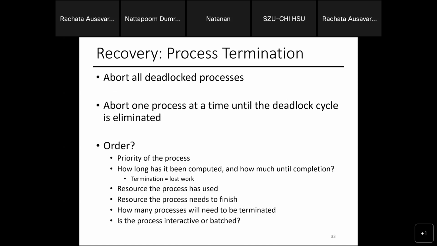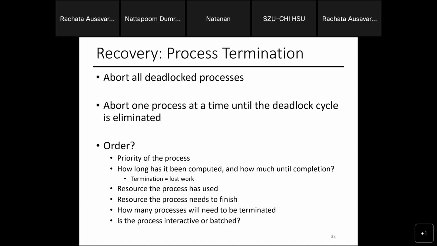Now the strategy would be, what should I abort first? And these are design issues. I can pick any of these choices, and for any combination of them I can defend my decision to include or not include that criterion. I can look at the priority of the process, how important it is. I can look at how long that process has been running.